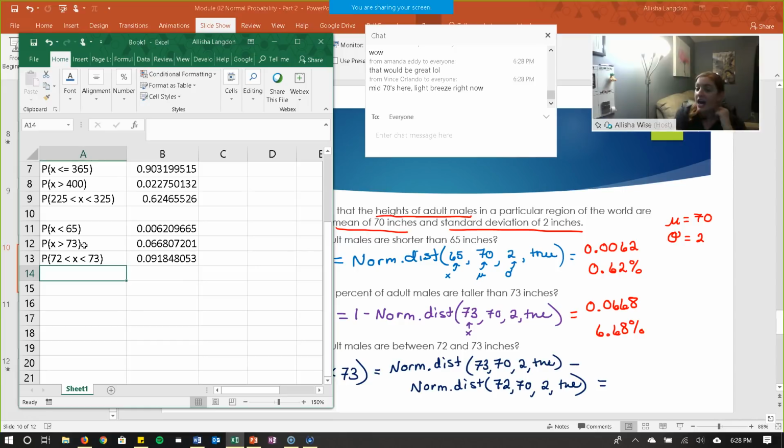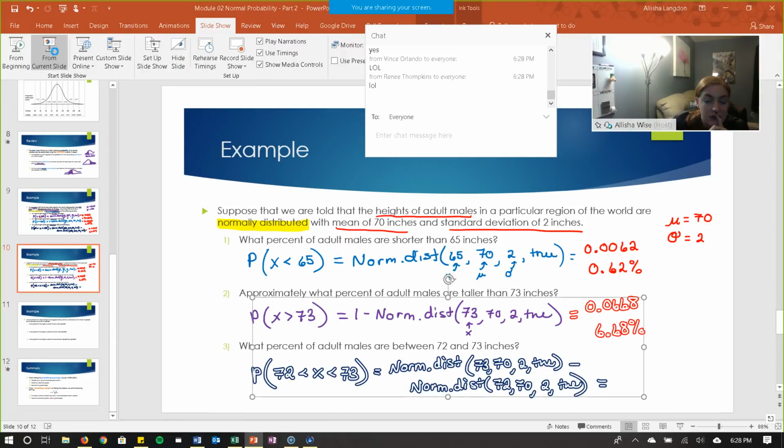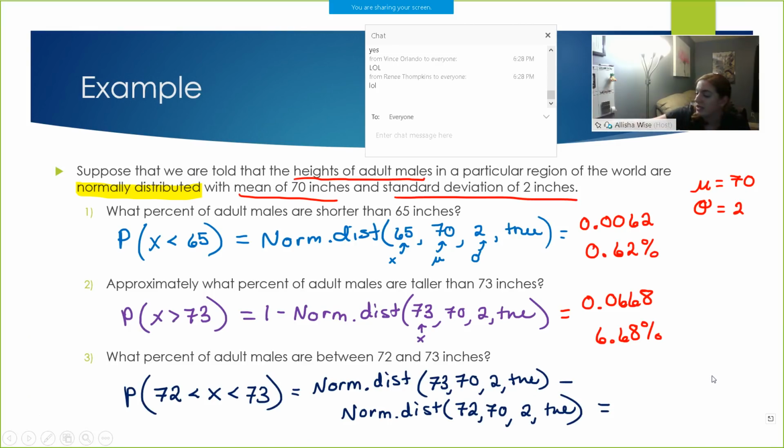Okay. So back to probability. This is what we all got: 0.0918. Does that look about right? Yes. So boom, we're looking at adult males.